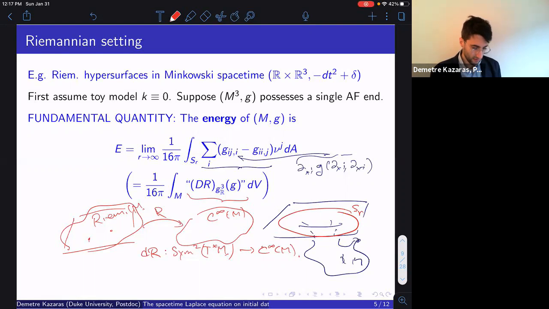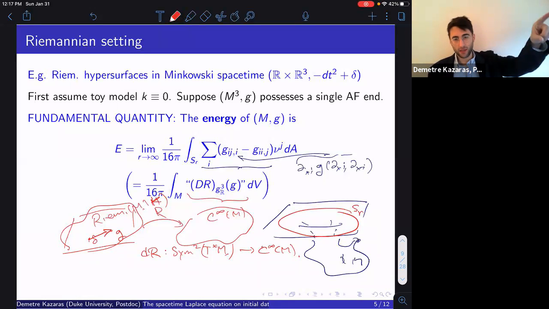Somewhere in the Riemannian metrics on M, say minus K, is the flat metric. This is topologically R3 minus the ball, so the flat metric lives in this space. But on the other hand, you have the metric that you are interested in, part of your initial data, G. So this defines for you a symmetric 2 tensor, the difference.